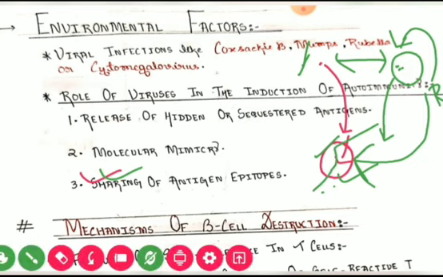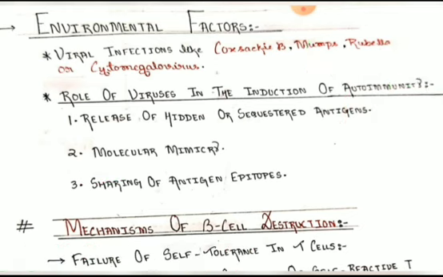So sharing of antigen epitopes is the third mechanism which can result in induction of autoimmunity. So these are the three mechanisms via which viruses can induce autoimmunity. This is all about the environmental factors, that is the viral infections which induce autoimmunity via the release of hidden or sequestered antigens, molecular mimicry, and sharing of antigenic epitopes.